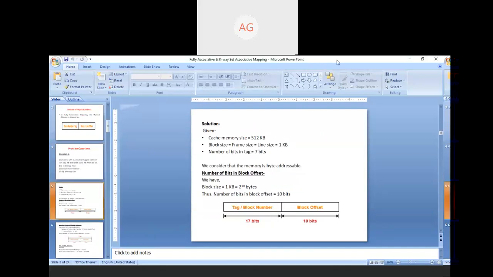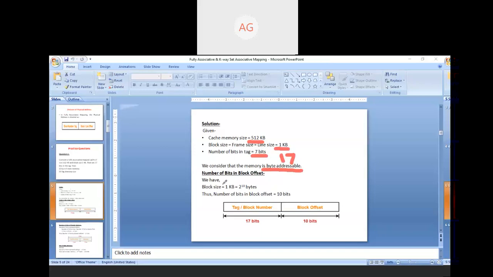First we need to write what is given to us. Cache memory size is 512 KB. Block size equals frame size equals line size, which is 1 KB, and the number of bits in the tag is 17 bits; it was wrongly written on the slide as 7 bits, it must be 17 bits. We consider that the memory is byte addressable.